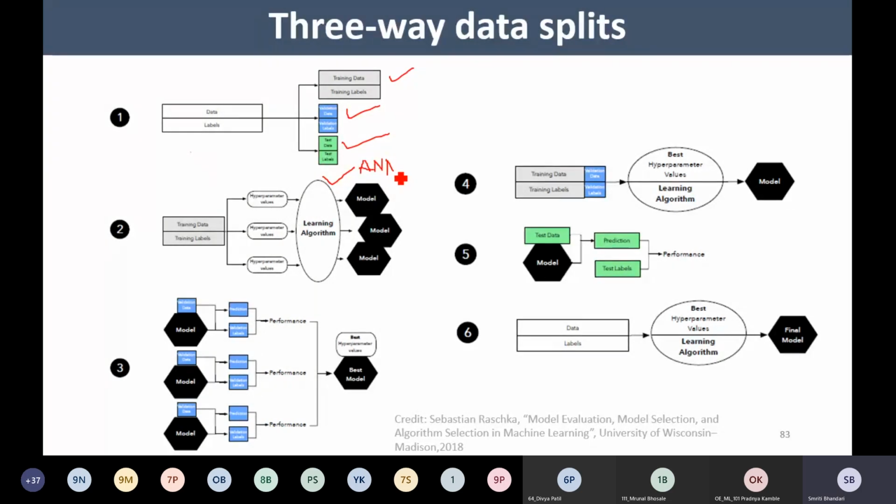Right? Now, what we mean by the hyperparameters for this ANN? You might be knowing, so we had a little discussion earlier regarding the ANN representation. So if you remember that, what we have in artificial neural network, we are having various neurons, right?